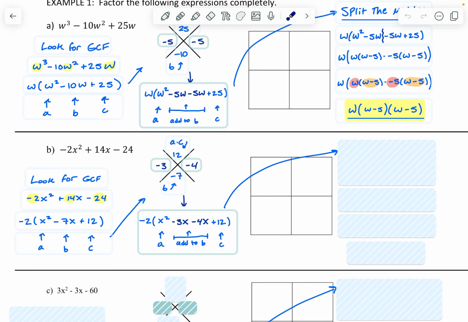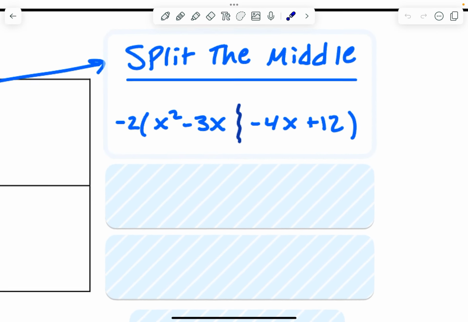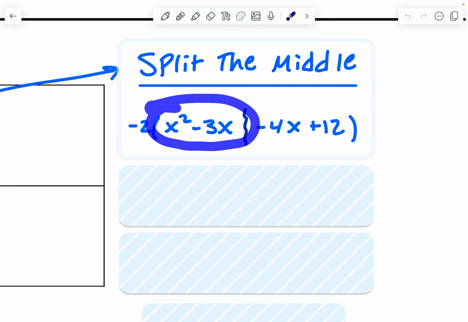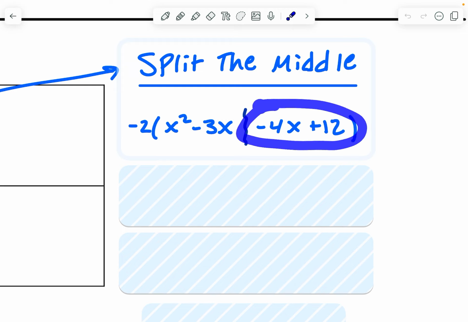Okay, you can guess where we go next. Split the middle. We split the middle of this expression. We look at the first group that we have, x squared minus 3x. What can I factor from both of these? Well, both of them have an x. I can at the very least take out an x. Looking at the second part, negative 4x plus 12.